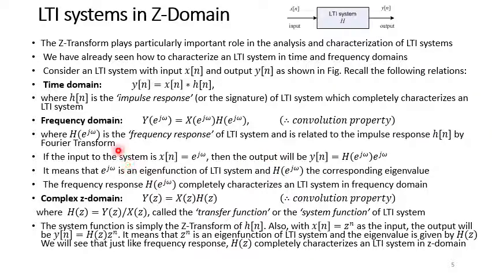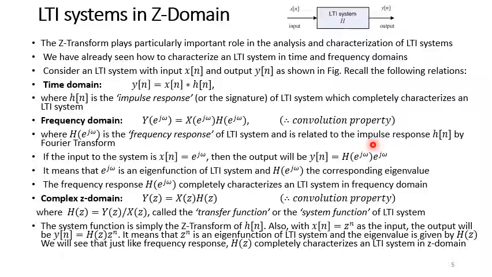And similarly, we have done these things for the Fourier case, that if the input to the system is e to the power j omega n, that is, if the input is a complex exponential signal, then the output is simply a scaled version of the same complex exponential signal, which we call the eigenfunction.